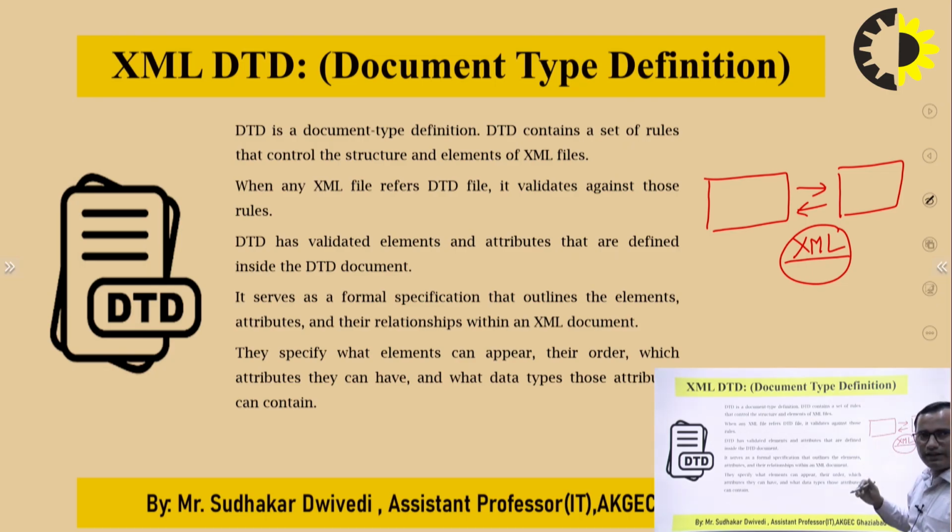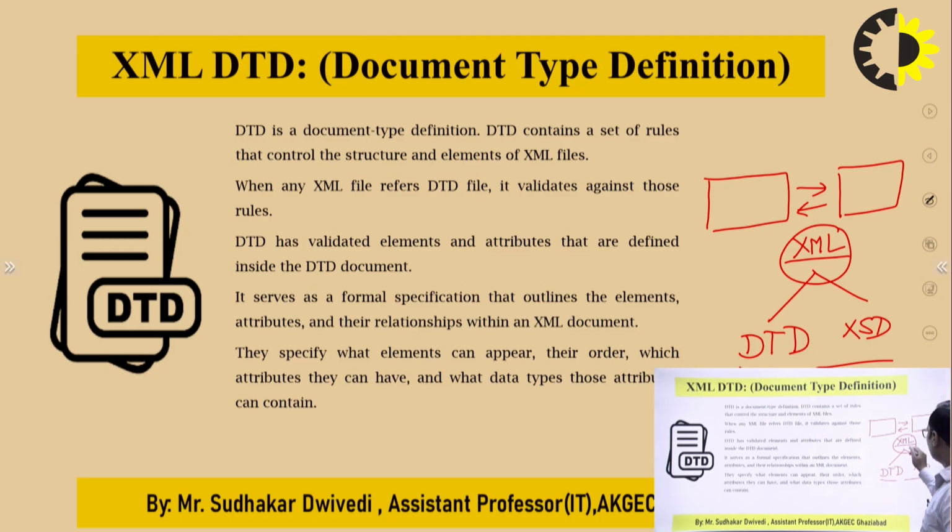So how can we validate? We can validate these XML documents if they follow a particular DTD, that means they conform to the document type definition that we have represented, or they follow some XML schema definition, or XSD. So to validate an XML document, we need a DTD or XSD.